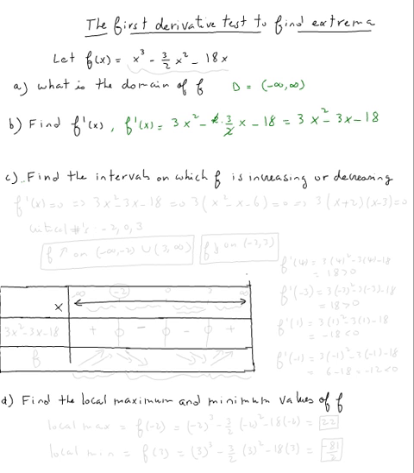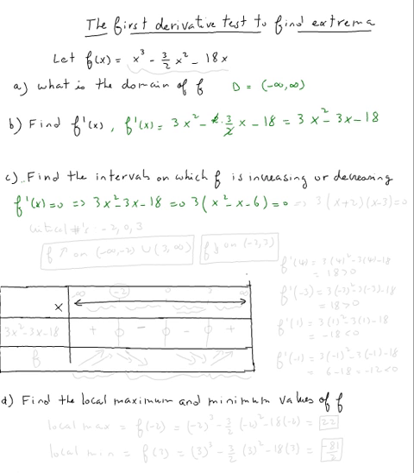To do that, we need to find first the critical numbers. Critical numbers, we get them by setting the derivative equal to 0. So this means that 3x squared minus 3x minus 18 is equal to 0. Now we need to factor it. Factor out 3, you'll get x squared minus x minus 6 is equal to 0.